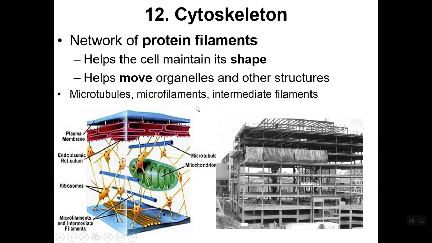You don't have to really know that. But you do need to know that they are a structural support. They're kind of like your bone skeleton in your body. I mean, the word skeleton is right there in the word. And it is in the cytoplasm. So you have a skeleton in the cytoplasm that supports the cell and provides a surface for a little highway system for things to move around.